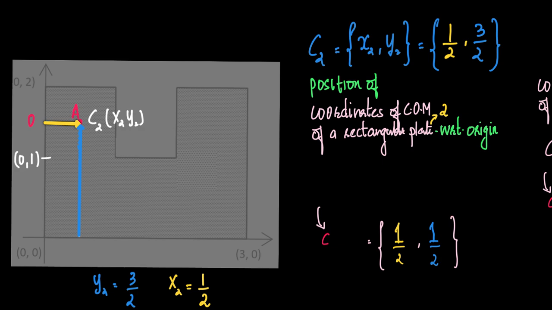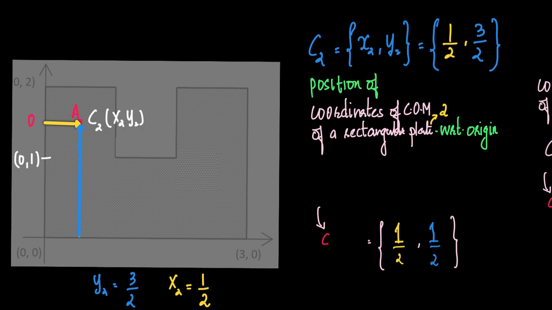So OA corresponds to this distance over here. So OA is equal to half of the width of the rectangle, which is again 1 by 2, right? What is y2? y2 is the distance from this axis over here, right? This x-axis over here. So it is this much distance.